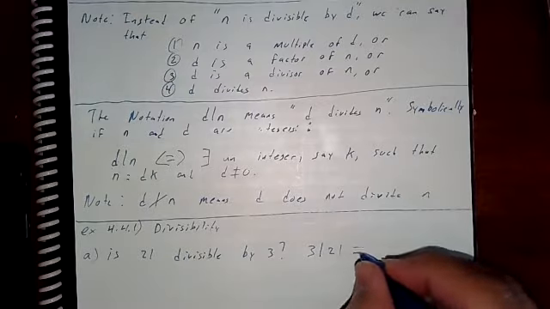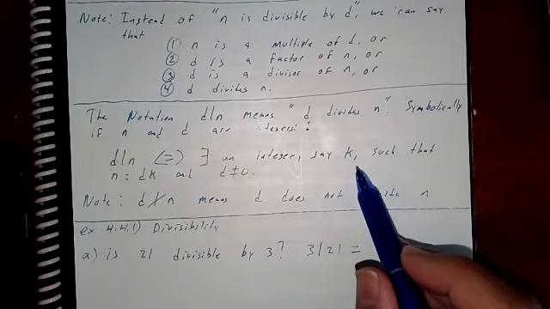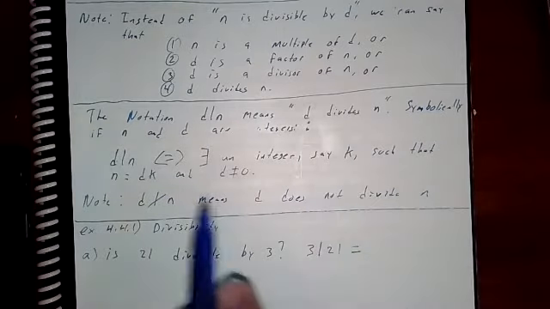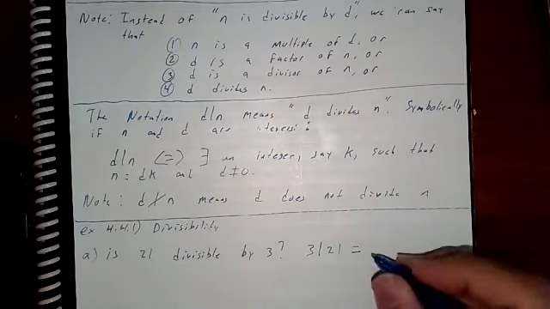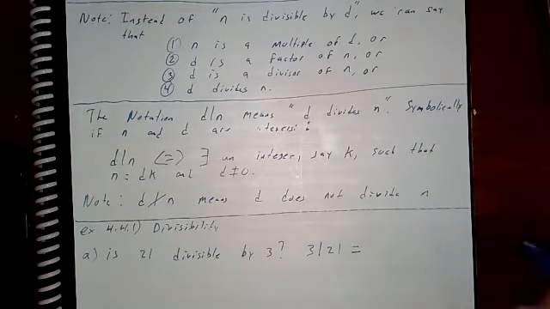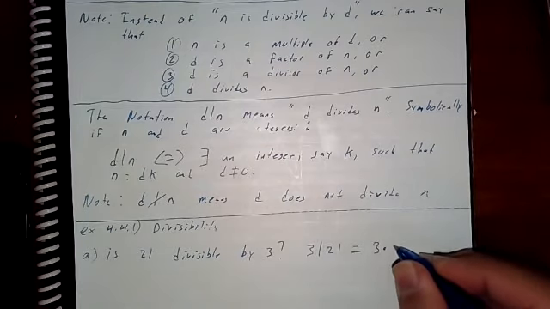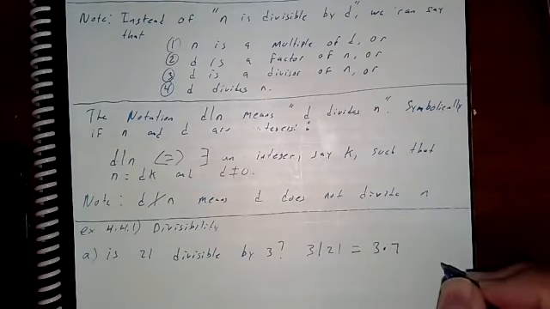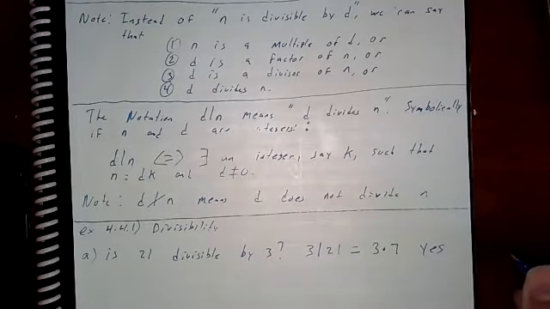Which means by definition that there exists a number k such that 21 equals 3, or d in this case, times k. So that would mean there is some multiple, which we know is going to be 7, right? So yes, because it can be written based on the definition.